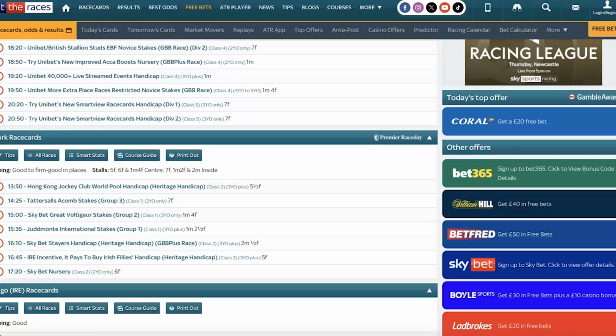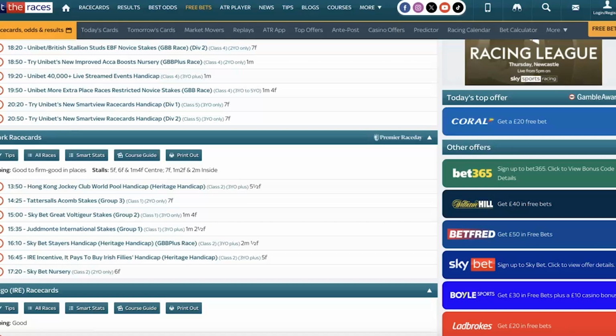So in terms of flat racing, each race tends to be split into one of 5 classifications depending on the value and the prestige of that race, and also which age groups and genders are allowed to compete in those particular races.